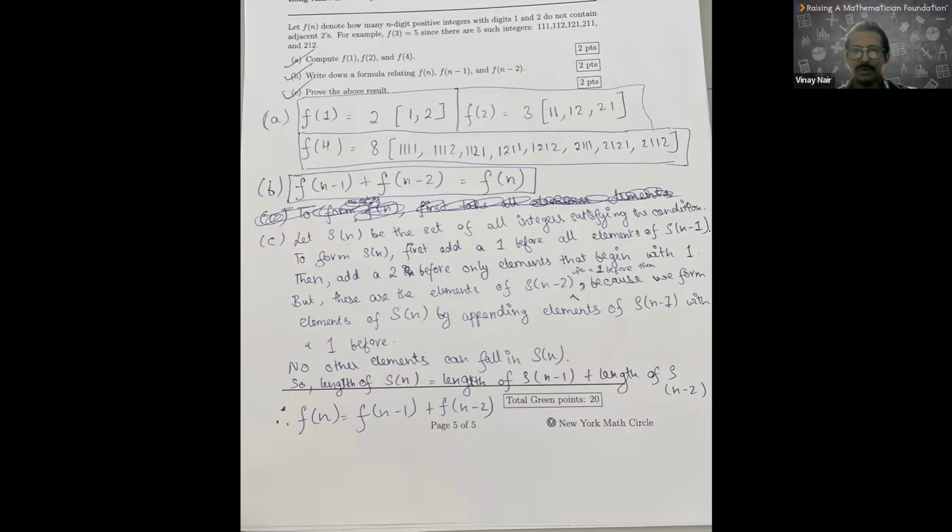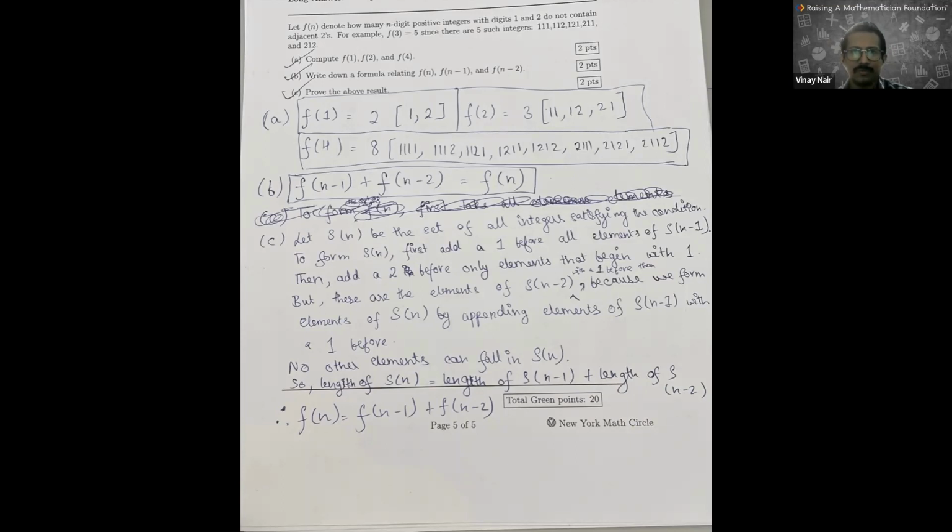So let Fn denote how many n-digit positive integers with digits 1 and 2 do not contain adjacent 2's. For example, f of 3 is 5, since there are 5 such integers. Oh, you mean total?